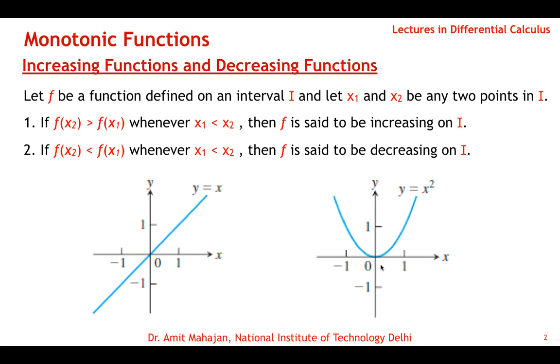So that means if we divide the domain into sub intervals, then in certain sub intervals the function will be decreasing, and in some sub intervals the function will be increasing. In such a sub interval we can say that the function is monotonic.